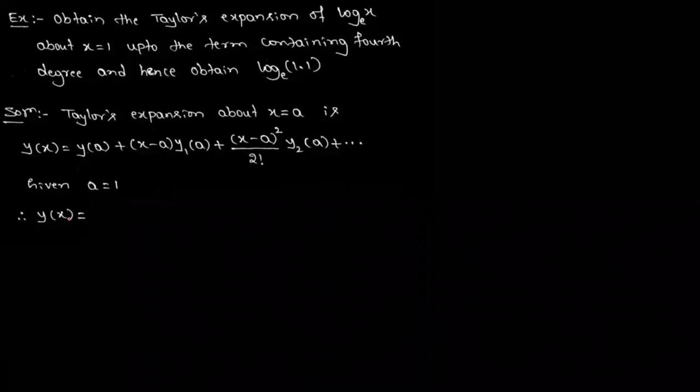So y of x is given by y of 1. So what is y of 1? We'll put x is equal to a is equal to 1 here. That means when x is equal to a, where a is 1, we can put a is equal to 1 in this place.